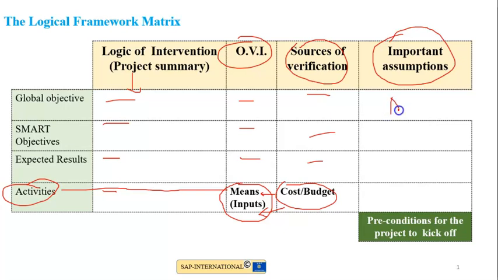Already here, you need to note that this is non-applicable because a project objective, global objective, as we have said, is beyond your power as a project, because this is usually evaluated at national level within the higher strategic plans, either from the ministry, education ministry, health ministry, whatever, youth ministry, and it's presupposed already that the assumptions are already taken into consideration, and you are to align your objectives with the strategy at the higher level.